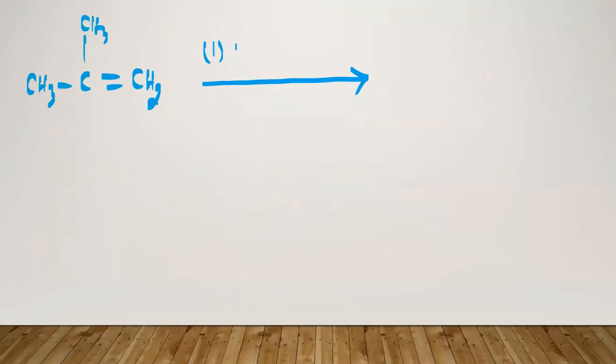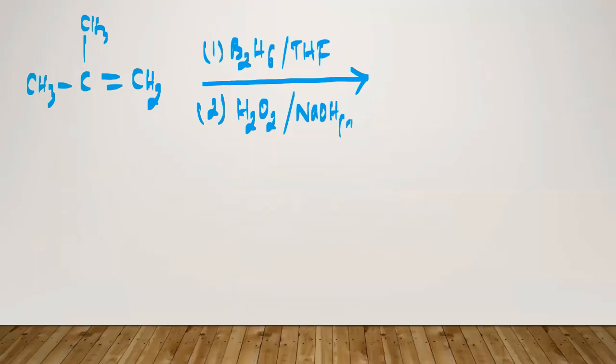Let's take CH3C, CH3, double bond, CH2. So dear friends, again you are doing hydroboration oxidation. It's a 2-step reaction. So add diborane along with THF, tetrahydrofuran. In the second step, you are adding the peroxide here, in a basic medium, that is aqueous NaOH.